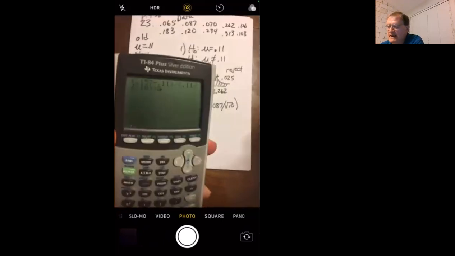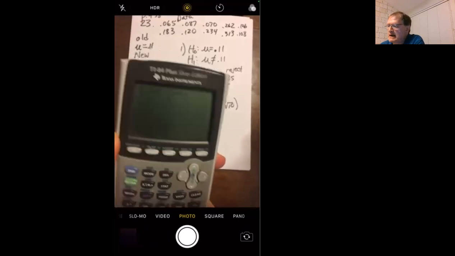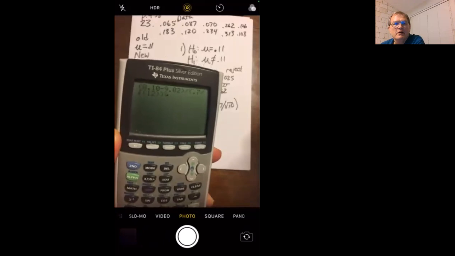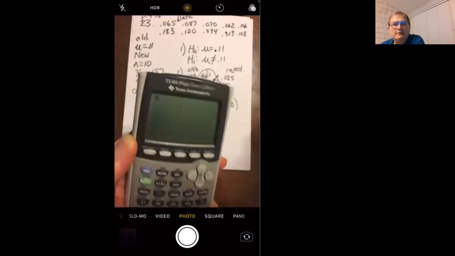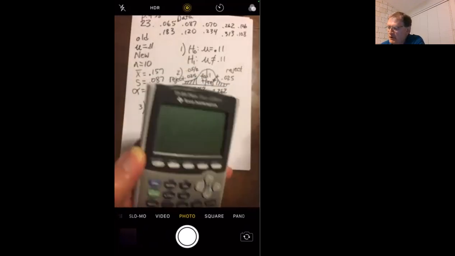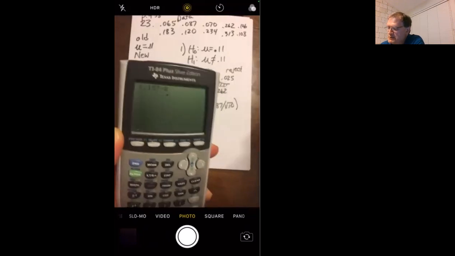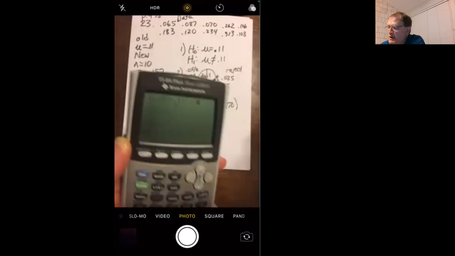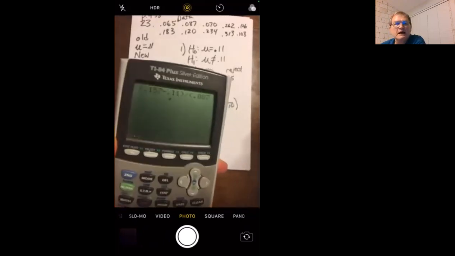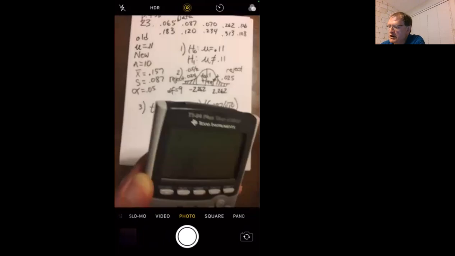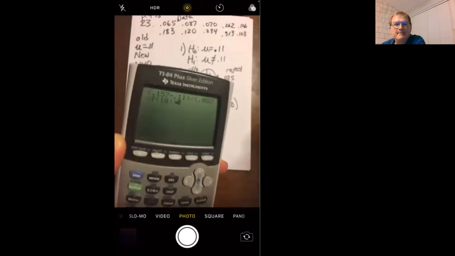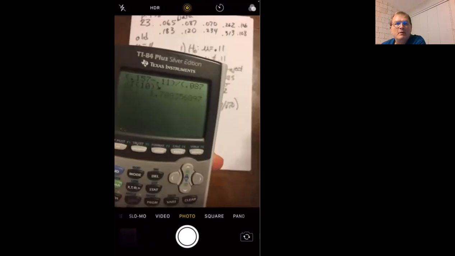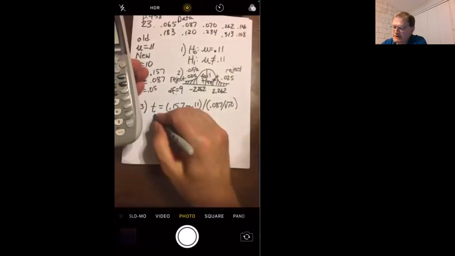Ooh, I'm glad I caught that. Okay, I have to start over. 0.157 minus 0.11 divided by parentheses, standard deviation 0.087 divided by the square root of 10. 1.708, we'll call it 1.71.